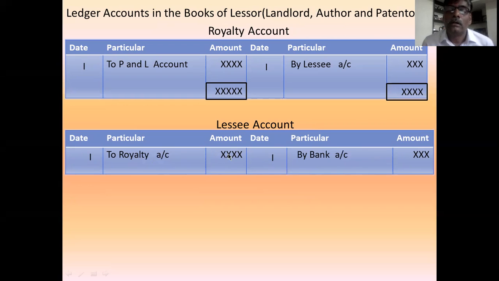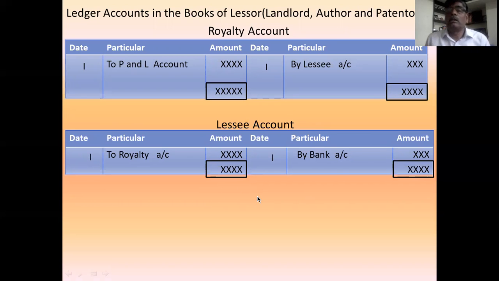Royalty, debit side, royalty column; bank amount, payment column. Close this account, ascertain the balance. That balance you represent as to short working or by short working. In which side there is a deficit, you take the difference and write it as short working, to or by. This is the lessee account.